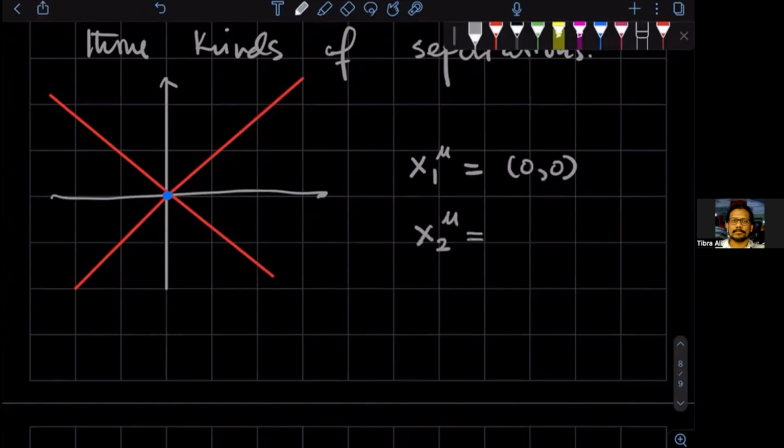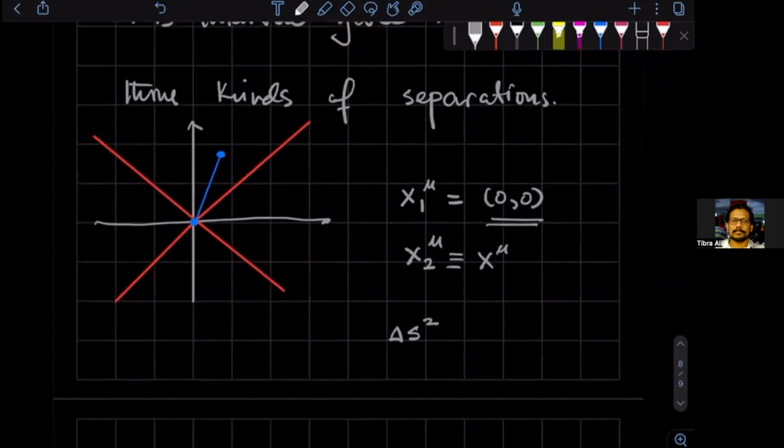And let me just call x2 of mu just x of mu, because we have chosen one to be 0. And if I take the second point to be inside the light cone, say over here, then what is the interval? Is it positive, negative, or 0?